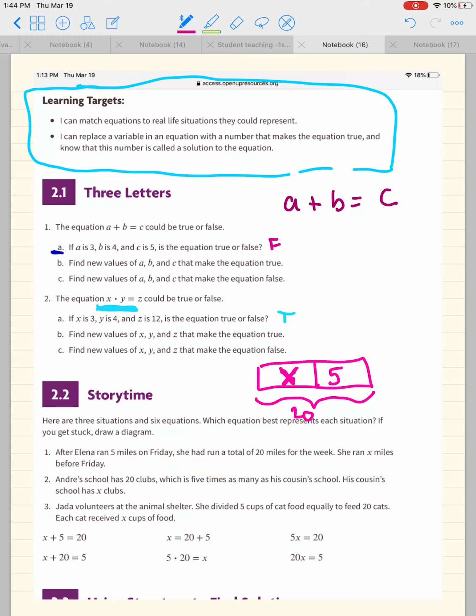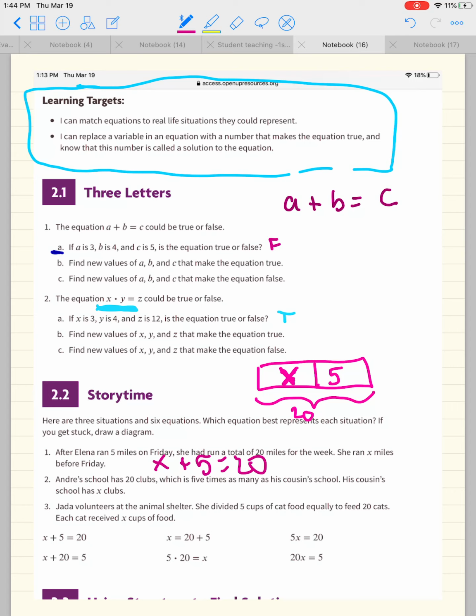So just to recap, in number 1 we figured out that it was x plus 5 equals 20. Now, looking at number 2, it says that Andre's school has 20 clubs, which is 5 times as many as his cousin's school. His cousin's school has x clubs.